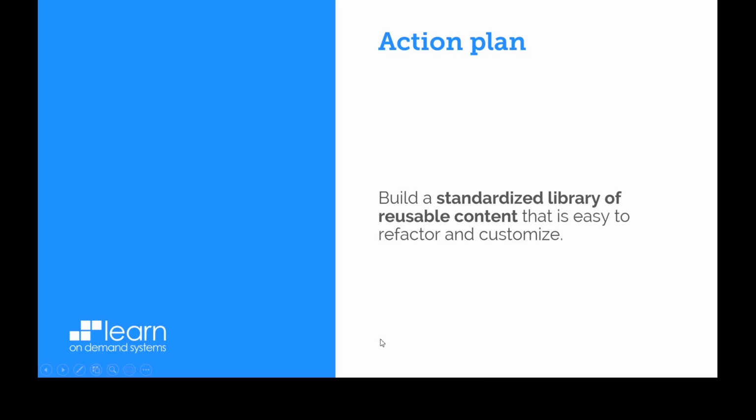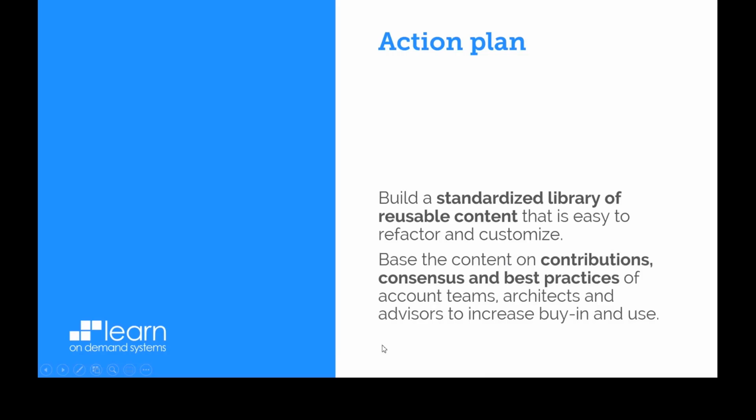So we started with what we found consensus about. And we based the content on contributors who had a good deal of credibility within the customer themselves. And we pulled in, of course, the account teams and architects and some of the trusted advisors from customers who had experience creating and using effective content.